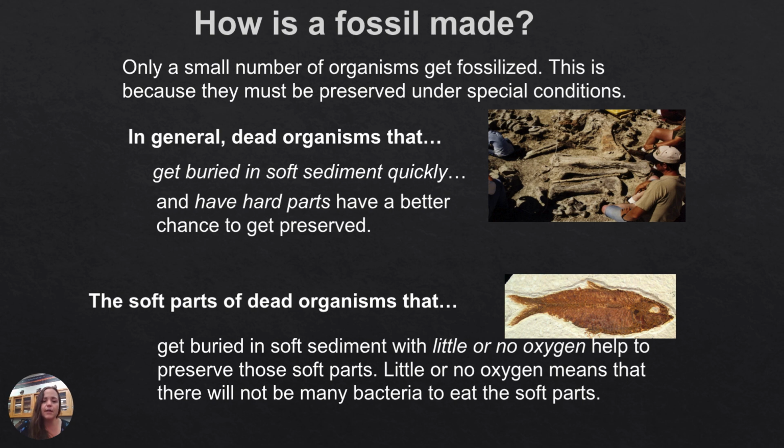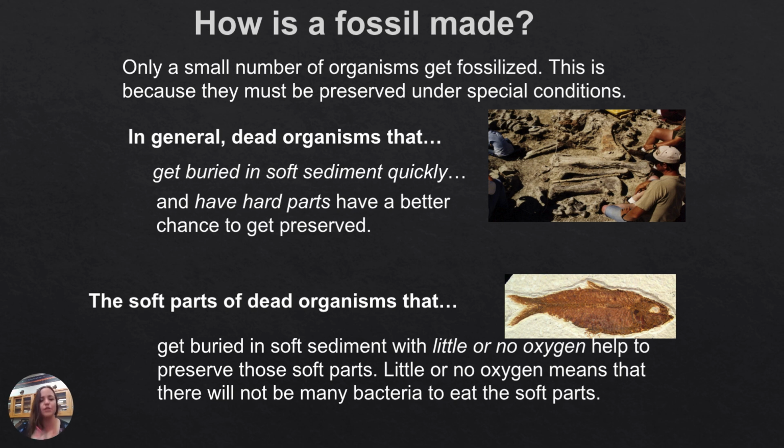So how is a fossil made? If you didn't know, although we have a lot of fossils that we can pull from, we have a very, very small fraction of organisms that ever existed on Earth fossilized, because there are very specific conditions that need to be created in order for these fossils to preserve.